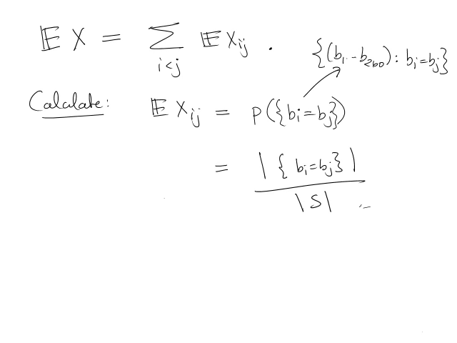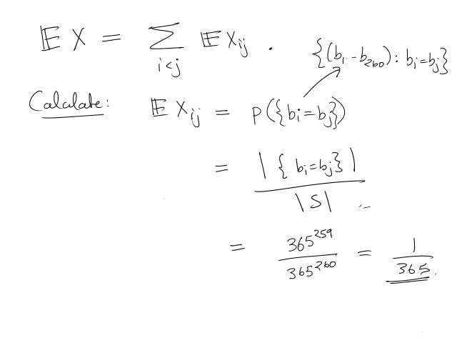And now there are 258 people left, and I choose all of their birthdays, and for each of them there are 365 ways, right? So what I get is 365 to the 259. That's the number of ways of assigning birthdays in which bi equals bj. And of course, the total number of birthday assignments is 365 to the 260. So it's just 1 over 365.